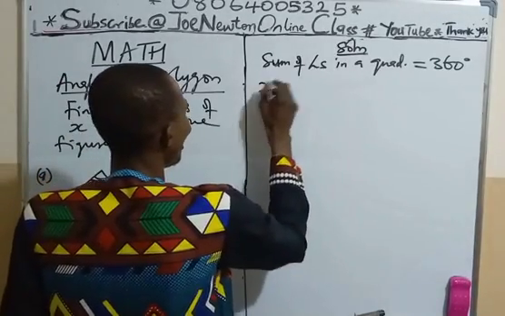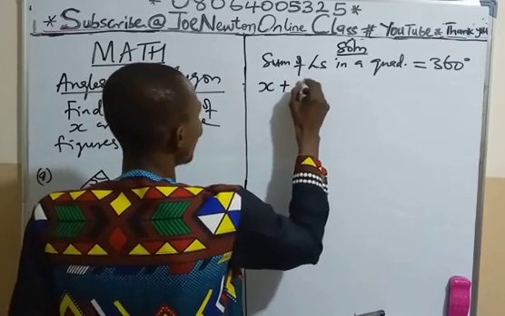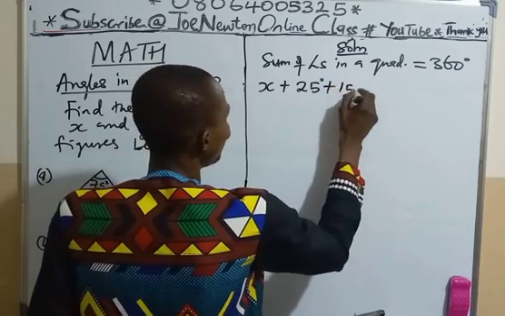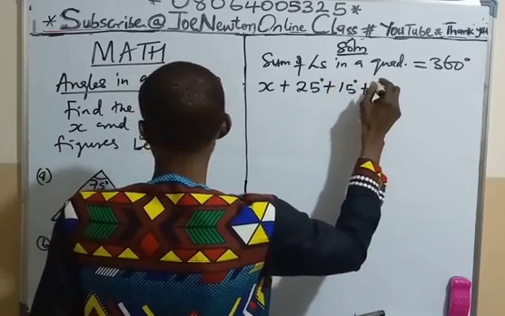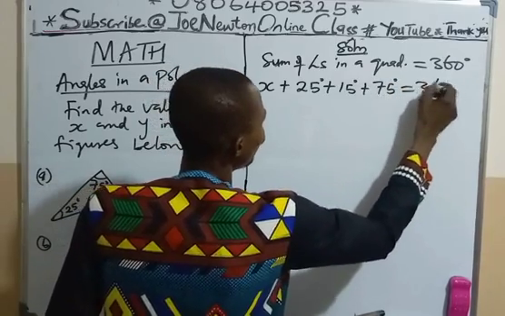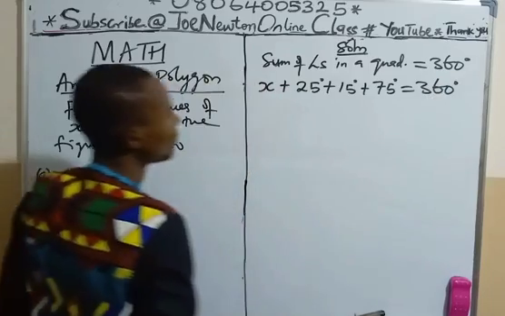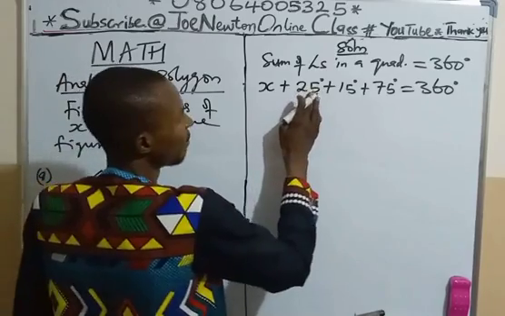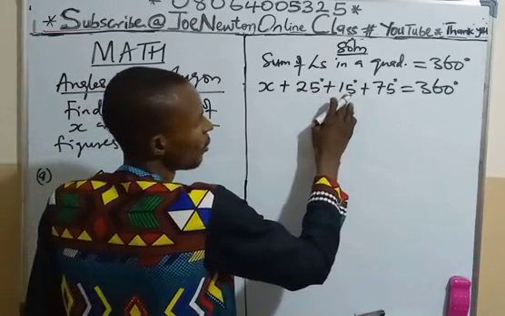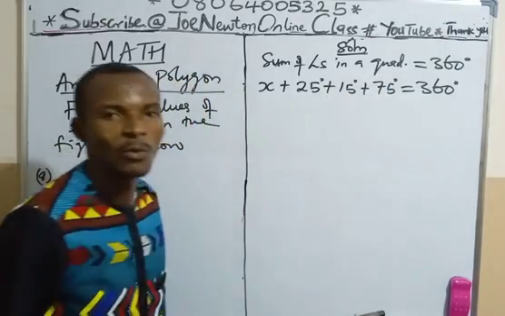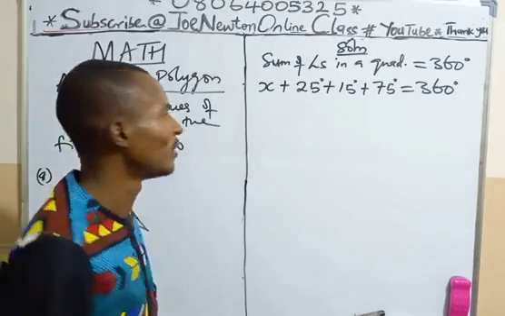Therefore, we have that x plus 25 degrees plus 15 degrees plus 75 degrees is equal to 360 degrees. When you add up, 25 plus 15 will give you 40, and 40 plus 75 will give you 115.